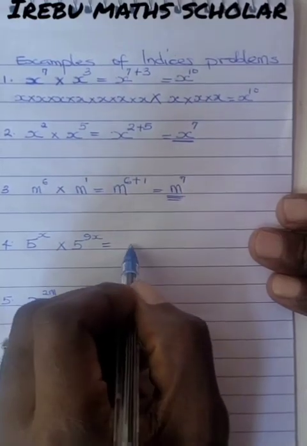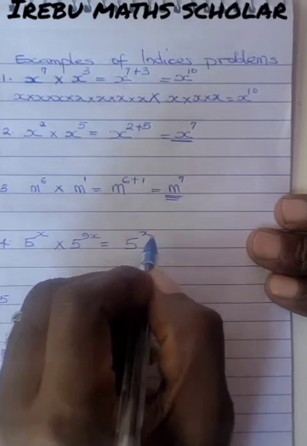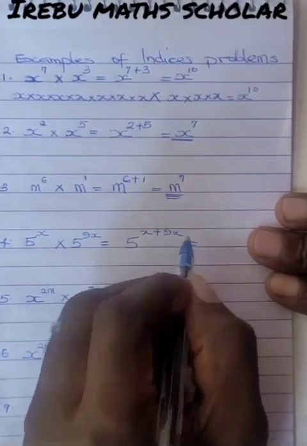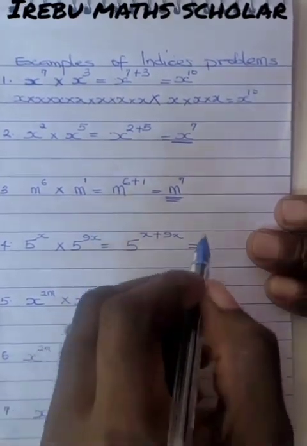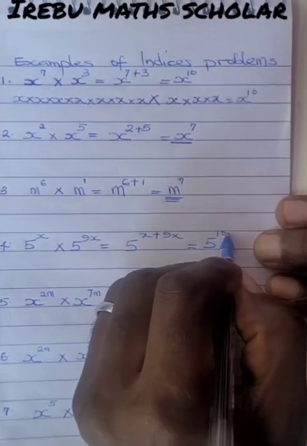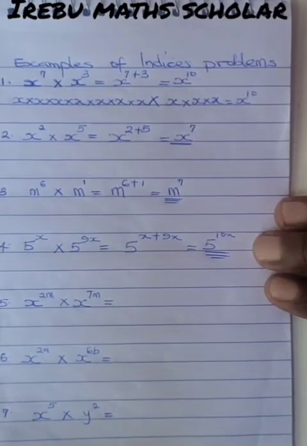So we are going to have 5 to the power of x plus 9x, and x plus 9x will give you 10x. Therefore, our answer will be 5 to the power of 10x. As simple as that.